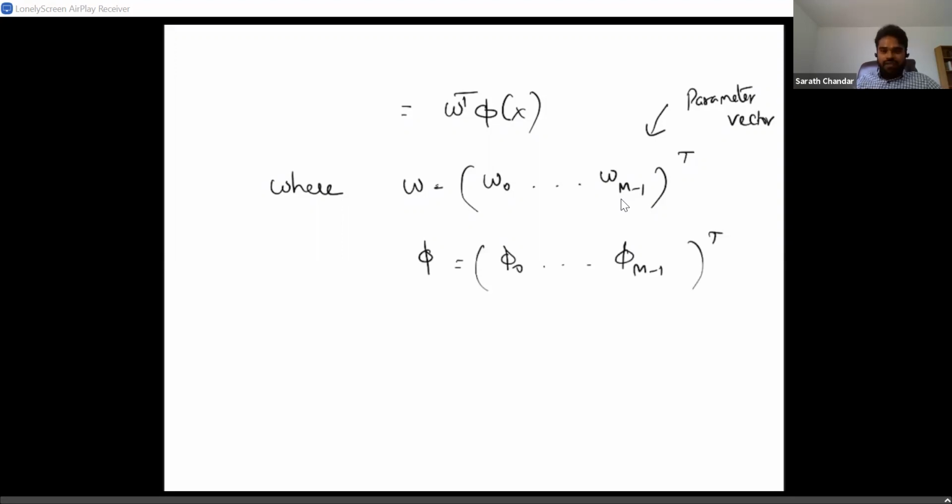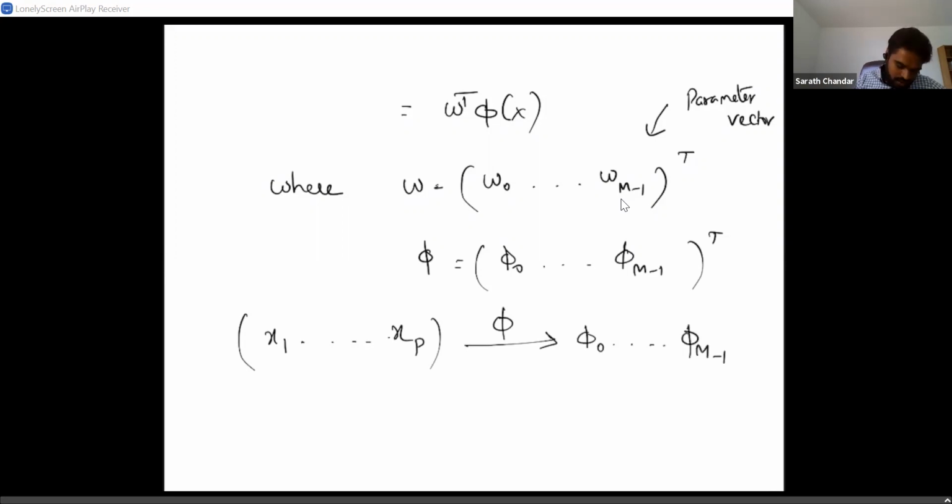So what we have done is we took the input, which was x1 to xp, a p-dimensional input, and we did some transformation phi, which gave us phi 0 to phi m minus 1. Let's also put x0 here.